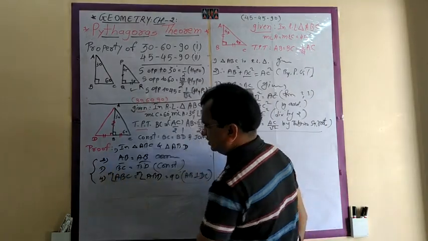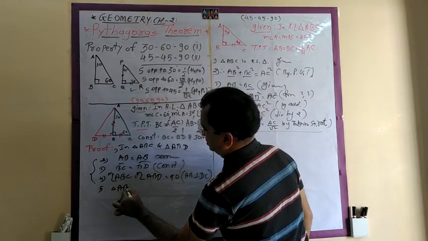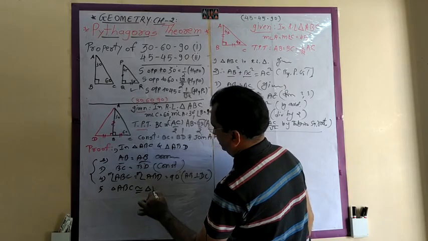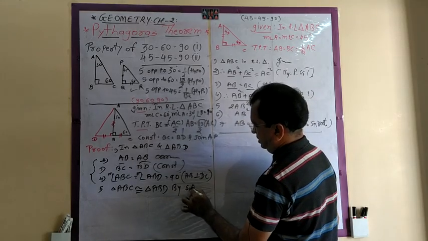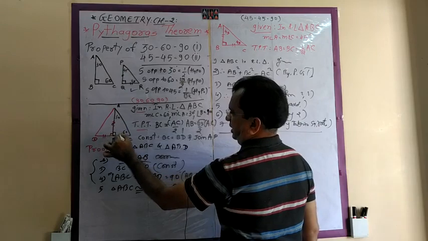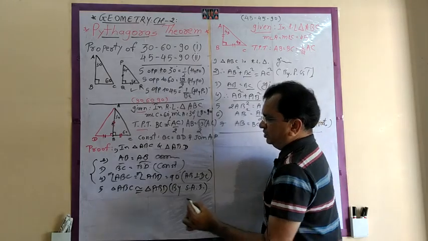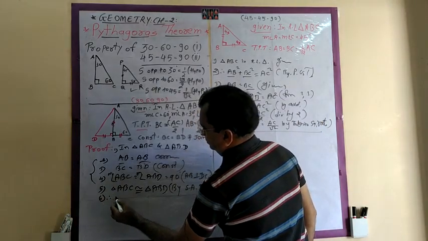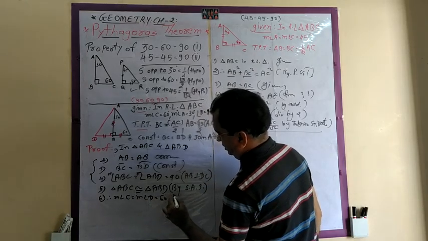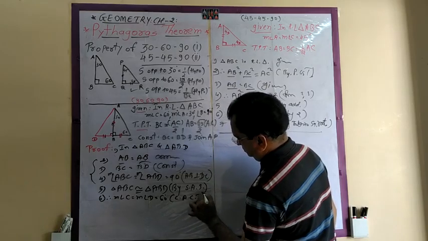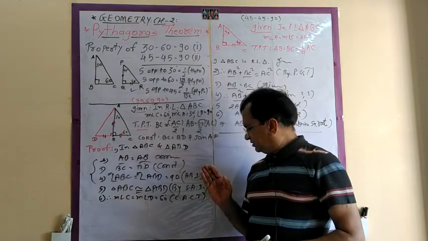So from these, which test we can judge? Triangle ABC congruent to triangle ABD by SAS test, correct. Therefore measure angle C is equal to measure angle D is equal to 60 degree, CACT, congruent angle of congruent triangle.